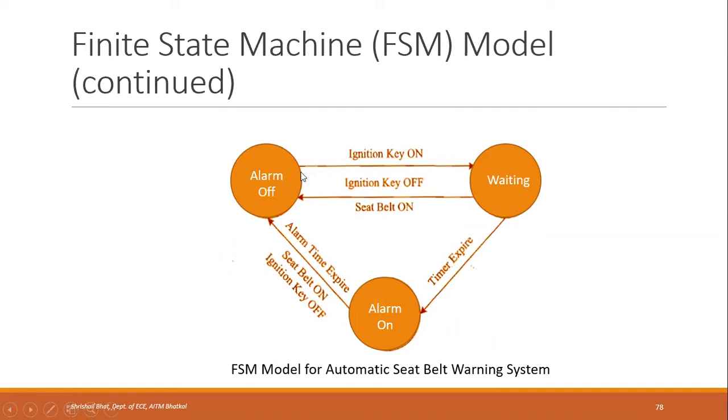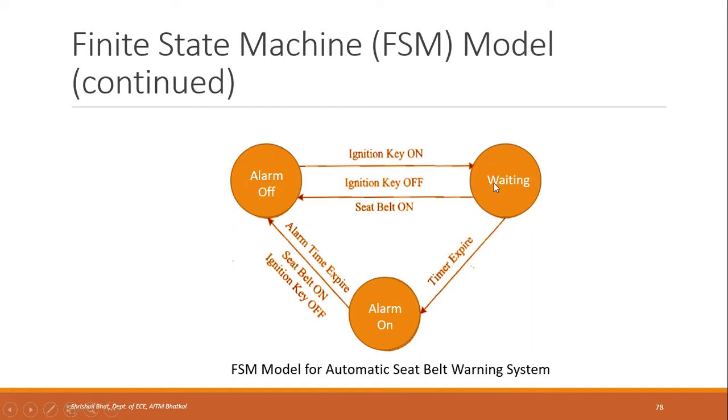When the driver comes in and turns on the ignition, that means when the ignition key on event happens, there is a straight transition from alarm off to waiting state. This arrow indicates that particular event, the transition from alarm off to waiting state.